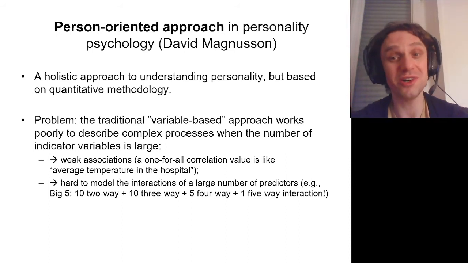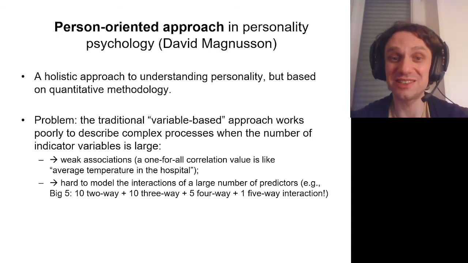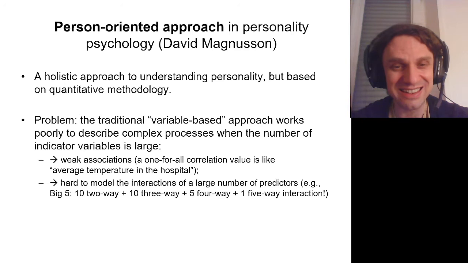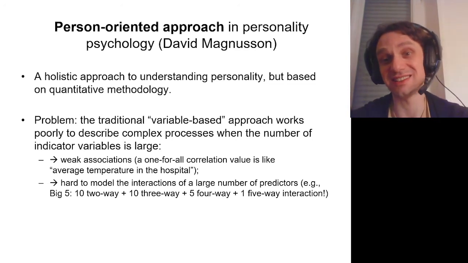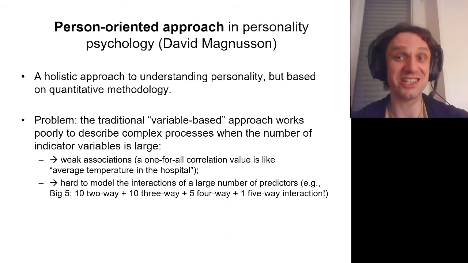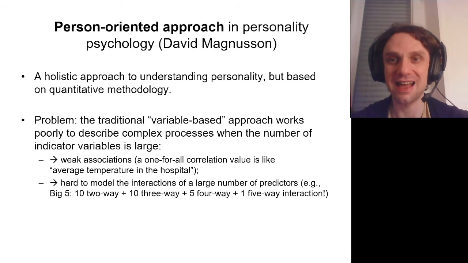But if you want to model this interaction, you need to include it in your regression analysis, and this increases your number of variables. So for example, if you just have only 5 personality traits, the number of interactions that are possible are already 26. And if you have a regression with 26 plus 5, with 31 variables, this is just too much for any feasible sample.